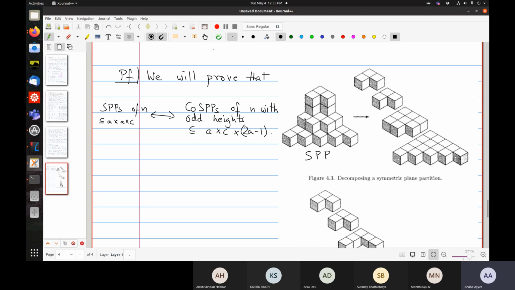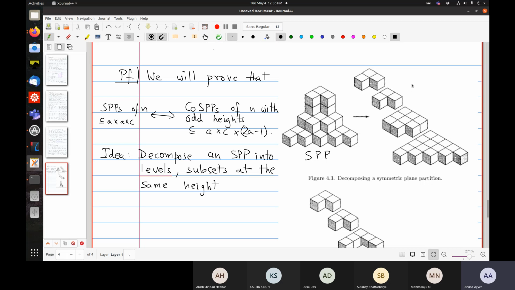The idea is to decompose an SPP into levels, which are subsets at the same height, as the figure illustrates.